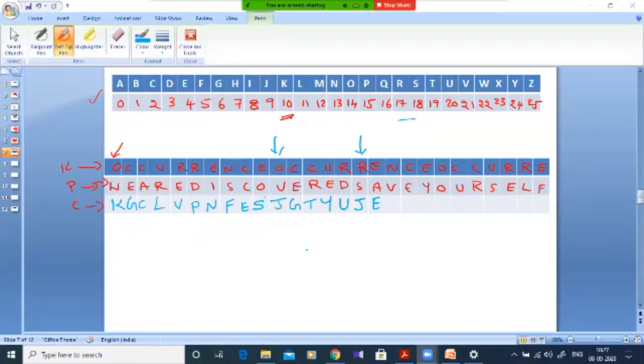Find a ciphertext. Are you writing anything on the screen? It's not visible, sir.